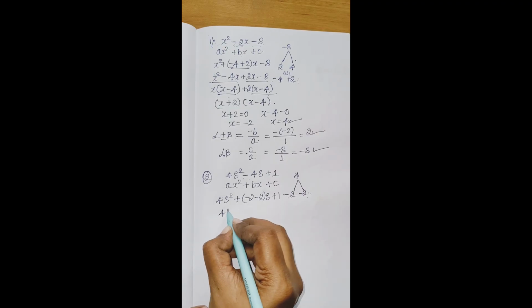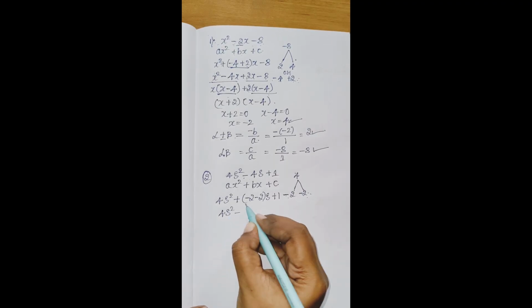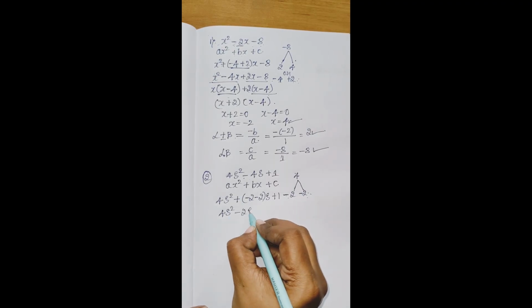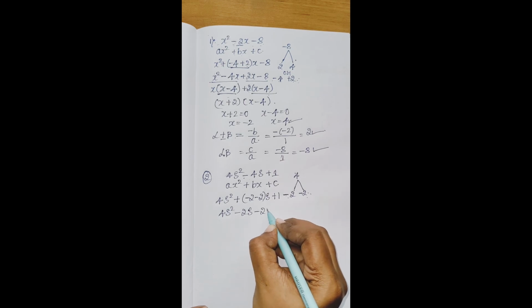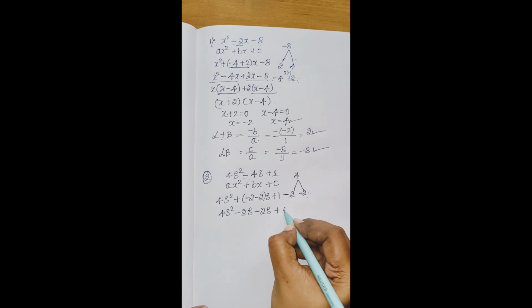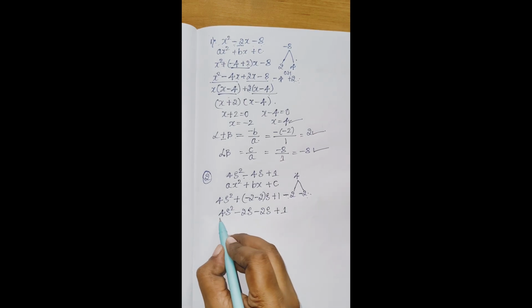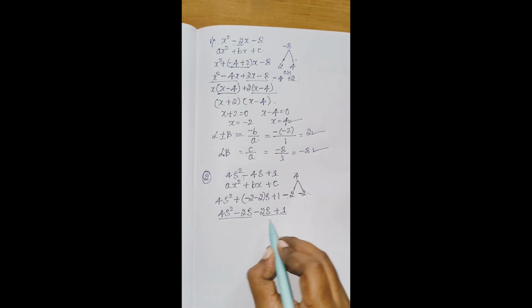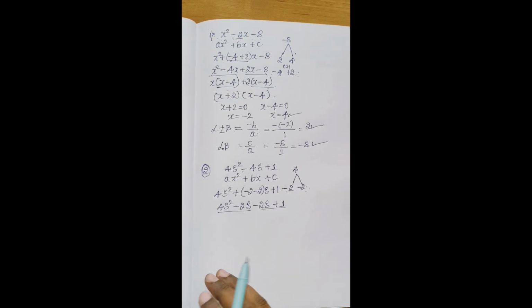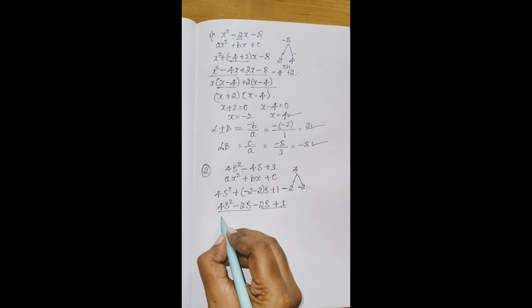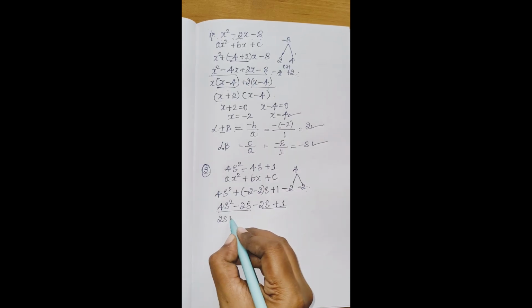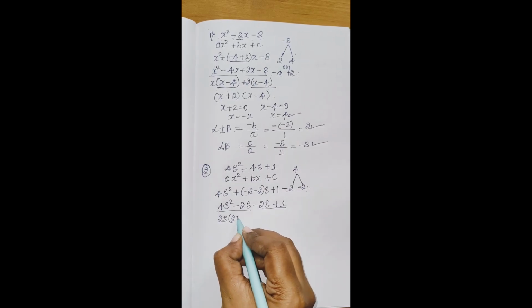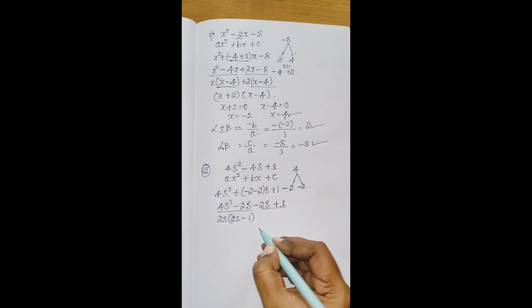4s square plus into minus, minus 2s minus 2s plus 1. Now you should take, in these two, which one is common? In this, 2 and s, remaining 2s minus 1.